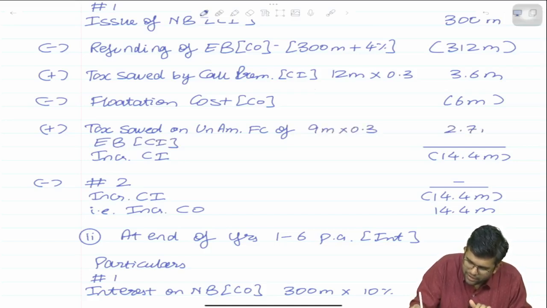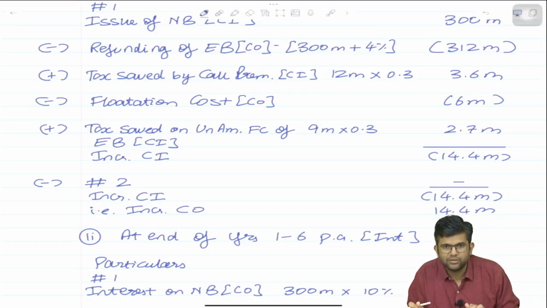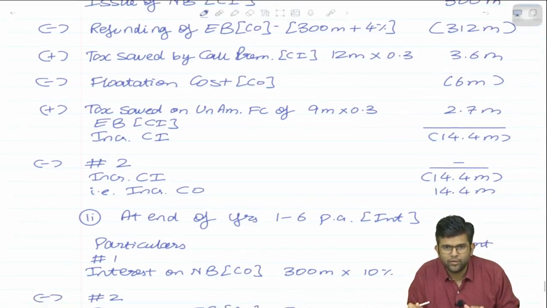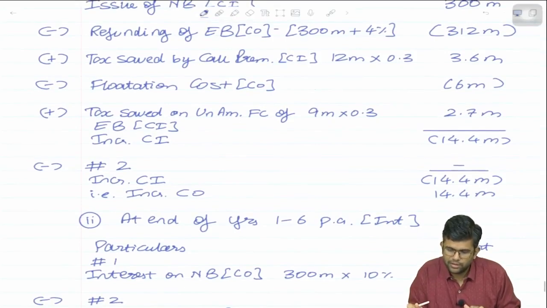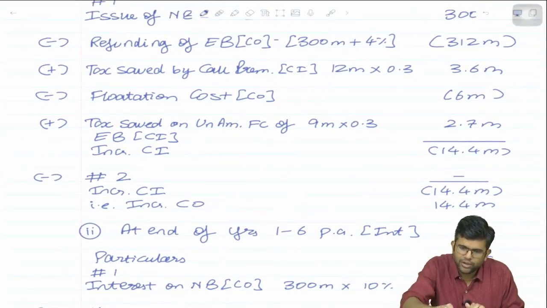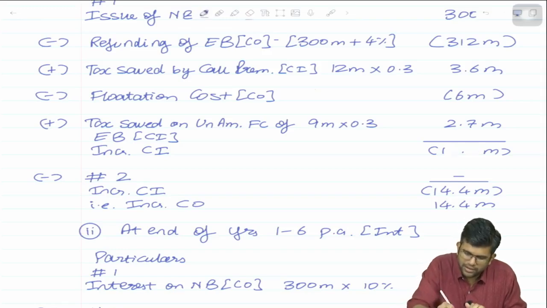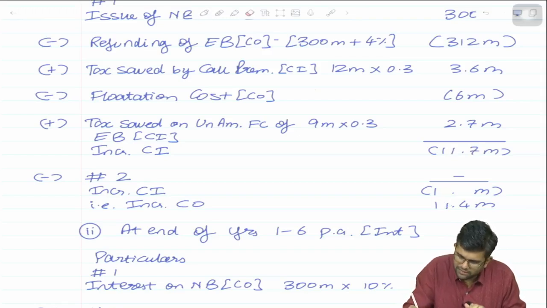The entire 2.7 million we will recognize today only. Everybody clear? So if that happens, 14.4 minus 2.7, my outflow will reduce to 11.7.